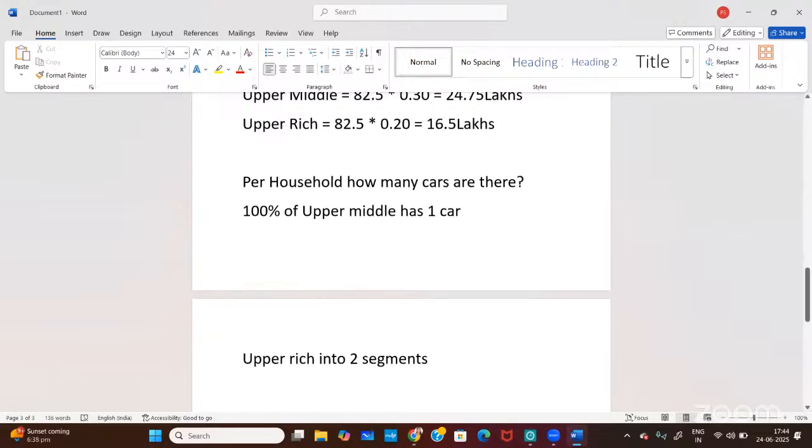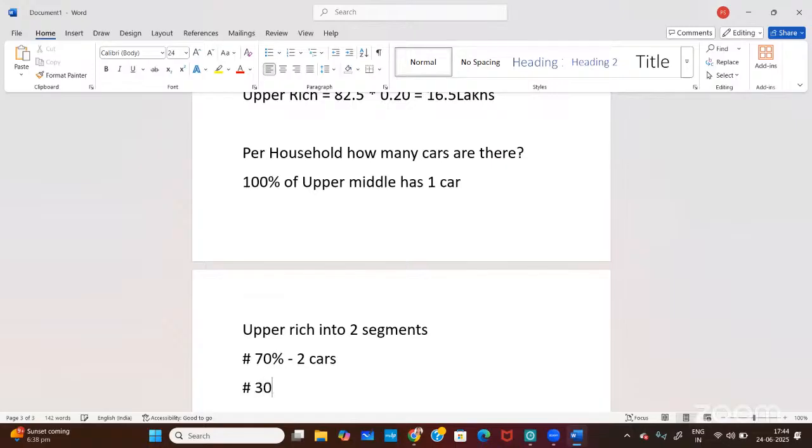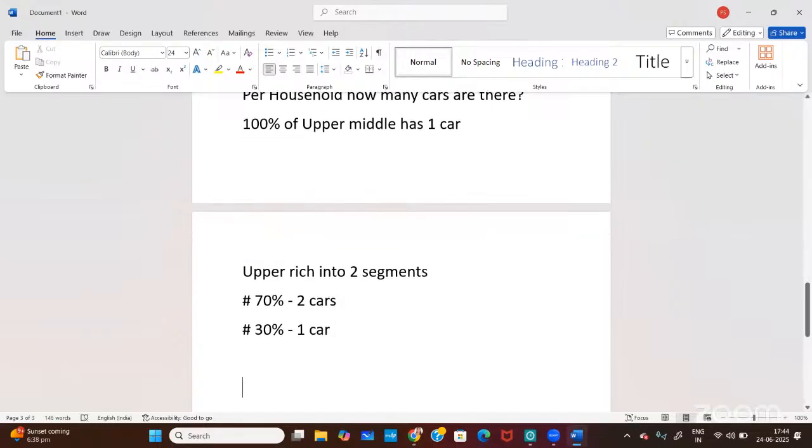Let's say that 70% of the population has two cars and 30% of the population has one car. Now let's calculate the total number of cars in Delhi.